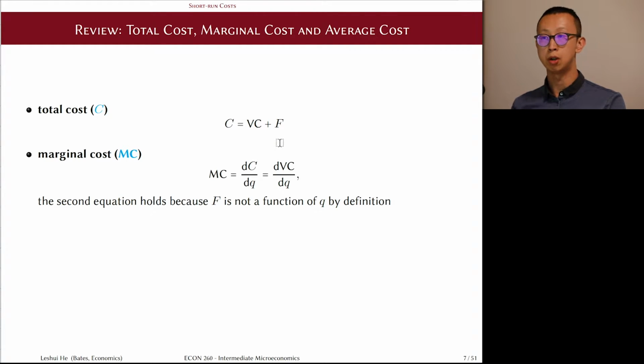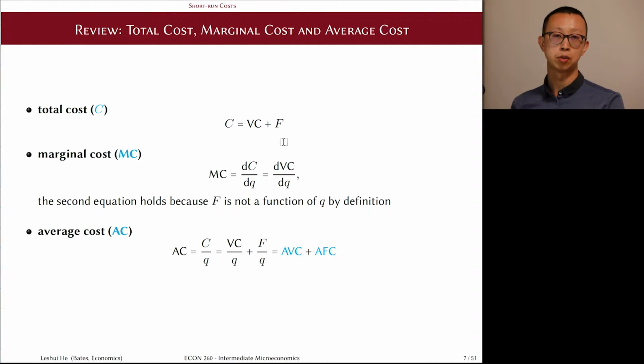And the marginal cost of the firm to produce the next unit of output is just the derivative of the total cost with respect to the output level. But by the definition of the fixed cost, it does not vary with the output level Q. So the derivative of C with respect to Q is the same as the derivative of variable cost with respect to Q, because the derivative of F with respect to Q is just 0.